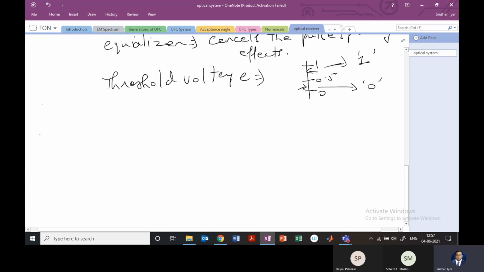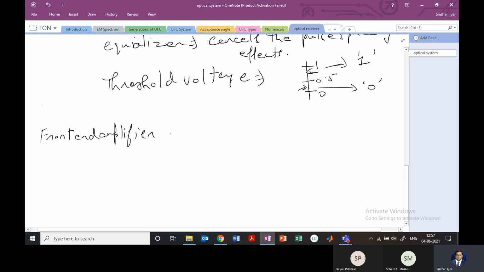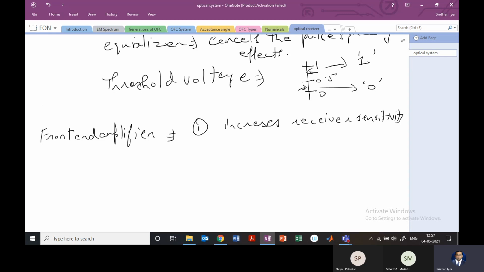So this front end amplifier increases receiver sensitivity. So receiver sensitivity basically is the minimum power which you require to obtain a desired quality of service.